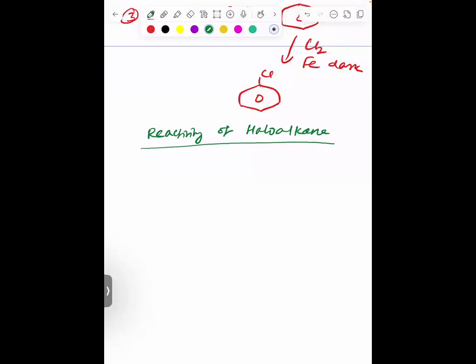When we see haloalkane, the bond is present between carbon and halogen. Carbon is less electronegative and halogen is more electronegative, so halogen will be released in the form of anion. When the bond between carbon and halogen is dissociated, it makes carbocation and halide ion.